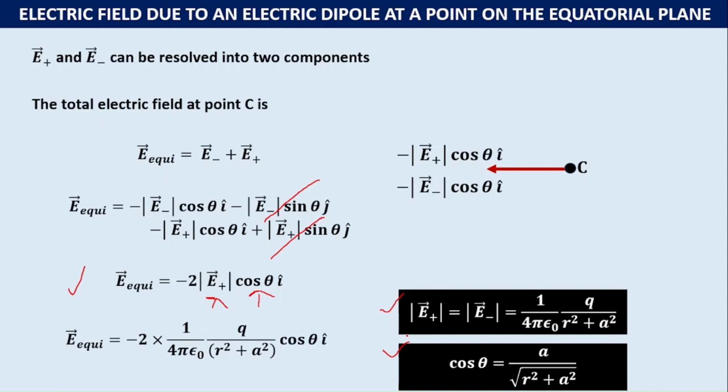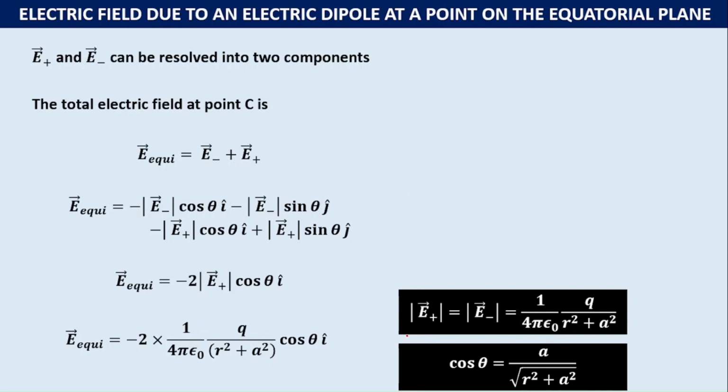Then we substitute the value of cos theta in the next equation. E equatorial vector equals minus 2 times 1 by 4 pi epsilon naught q divided by r square plus a square. In the place of cos theta, let us write a divided by root of r square plus a square.